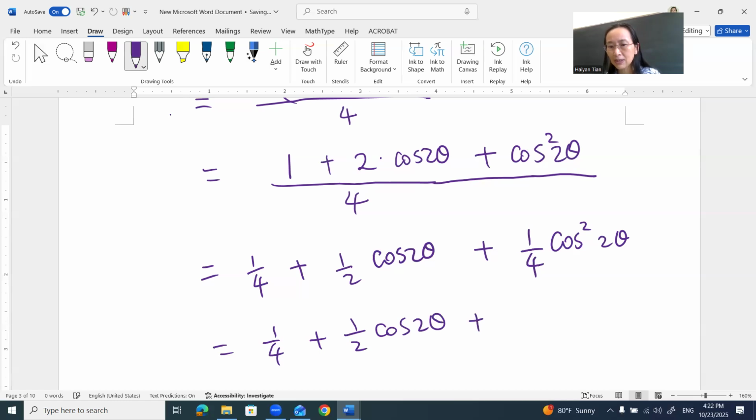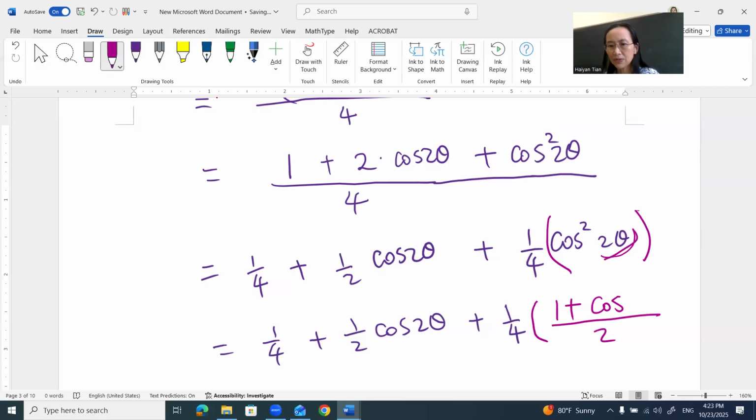And we only work on the cosine squared 2 theta part. Cosine squared, according to the double angle power reducing formula, is 1 plus cosine of twice of this angle, 2 theta.